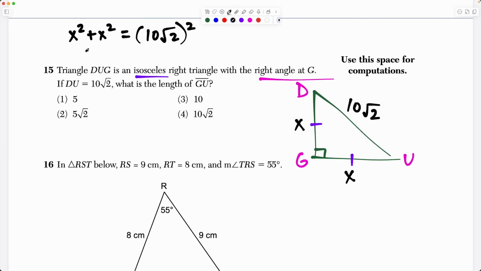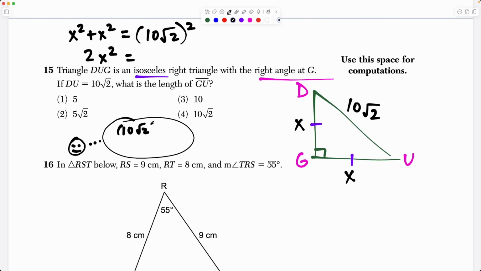Now, x squared plus x squared is 2x squared, and this is equal to, and for this part, the mental math that I'm doing, if I don't want to do this with the calculator, if I'm squaring 10 radical 2, so if I do 10 radical 2 squared, that's 10 radical 2 times 10 radical 2. And really what I'm multiplying here is 10 times 10.